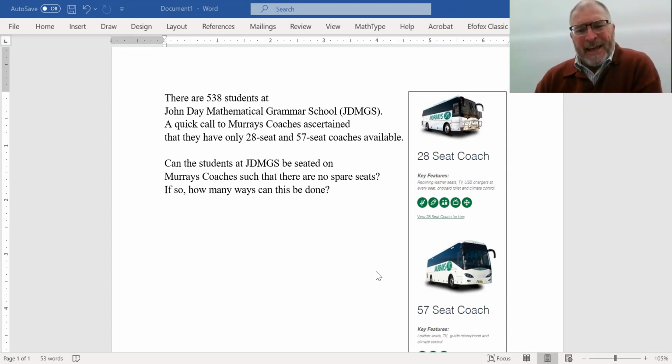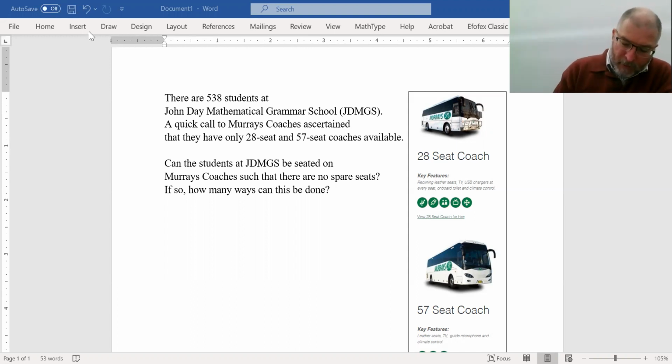First thing I wanted to point out before we launch into this is something about positive whole numbers, positive integers. It's something that you would have known from back in primary school.